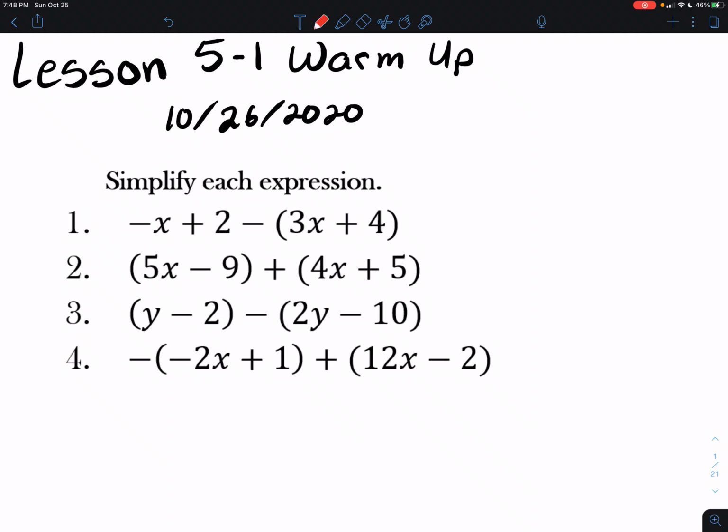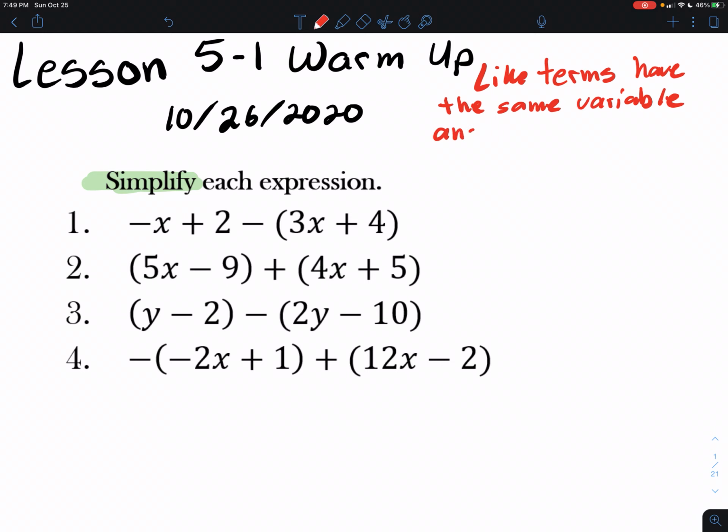The directions here say to simplify each expression. Simplify just means combining like terms and simplifying any operations that can be simplified. Keep in mind that like terms have the same variable and exponent.